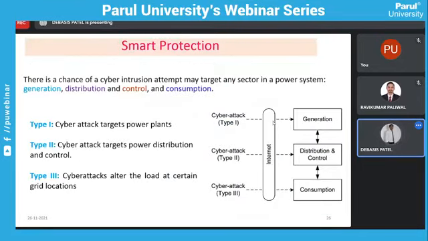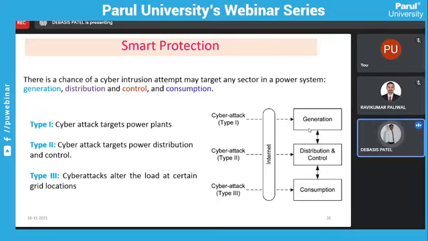Smart protection. The obstacles are in generation, distribution, and consumption. That is cyber attack: cyber attack 1, 2, and 3. As you operate in communications and the internet, there is a chance that someone will attack our generation. If you transfer information through the internet, that generation can be affected by threats also.